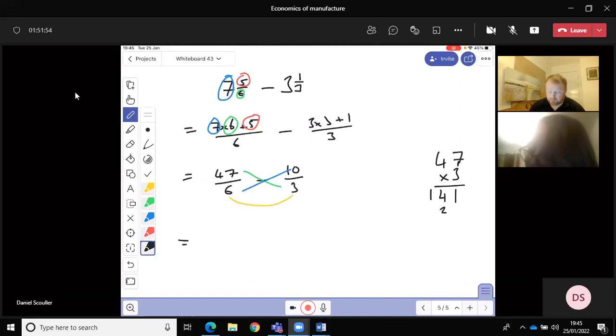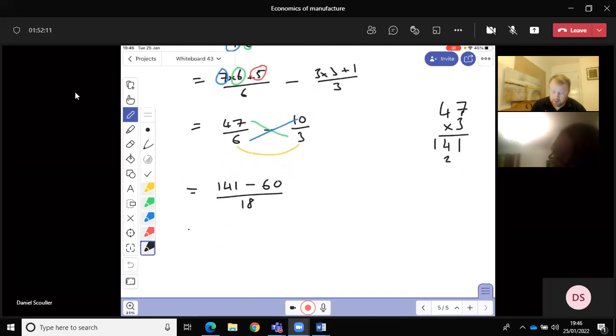So we get 141 minus, and it's 6 multiplied by 10, 60. And then the multiplication down the bottom is just 6 multiplied by 3 is 18. This could come up no problem at all in the non-calculator.